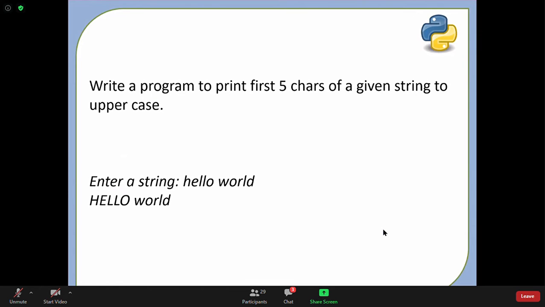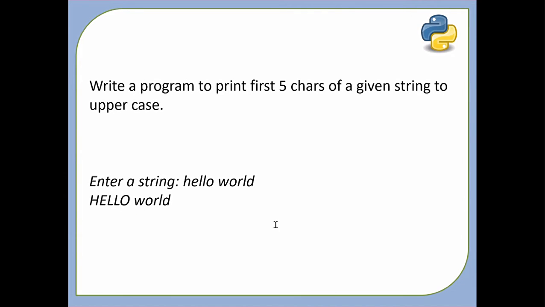The lab says you have to write a program to accept some input from the user, let's say hello world in lowercase, and print the first 5 characters of the given string in uppercase and the remaining in lowercase. I hope the question is clear.